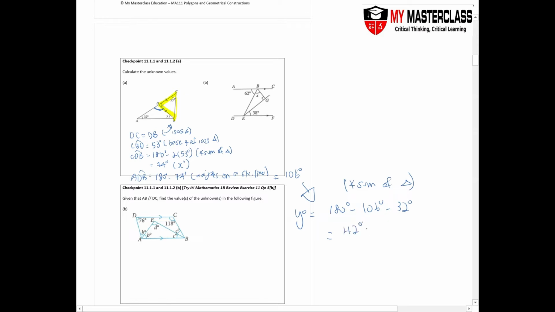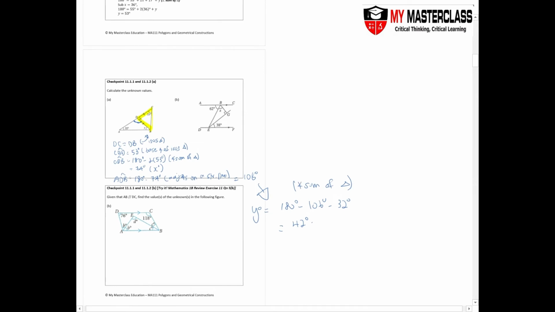Understand? Now let's take a look at part B. Here in part B, it's generally also the Z portion where you have alternate angles. So 1, 2, 3. Can you see the Z? This means that this angle would be the same as this angle.